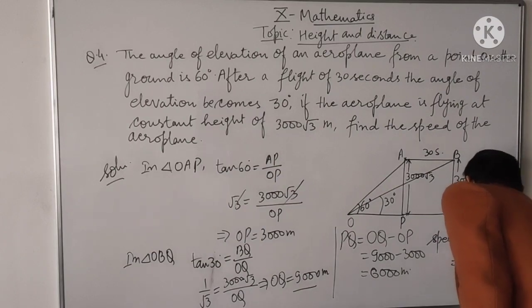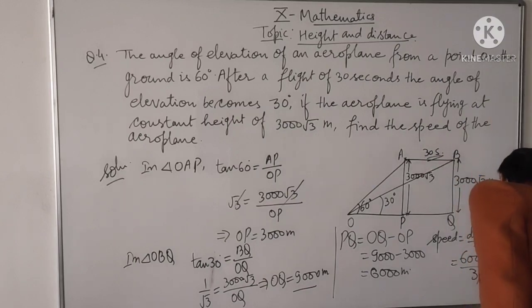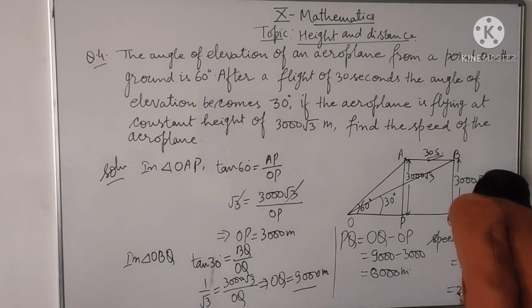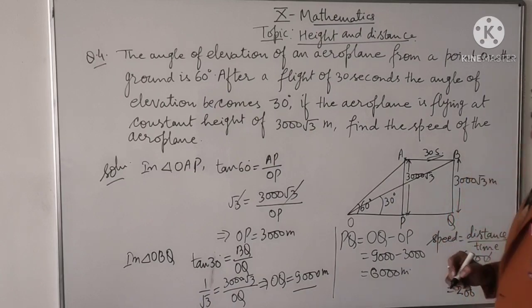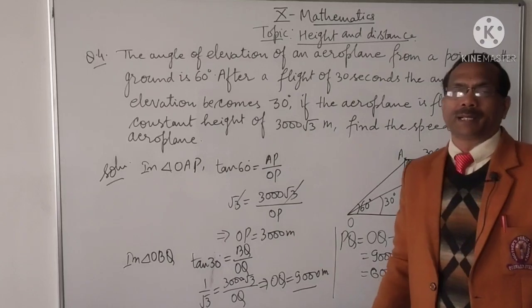Distance is 6000 and time is given as 30 seconds. 1 0 cancel. 3 2 is 6. So it is 200 meters per second. The speed of the aeroplane is 200 meters per second.